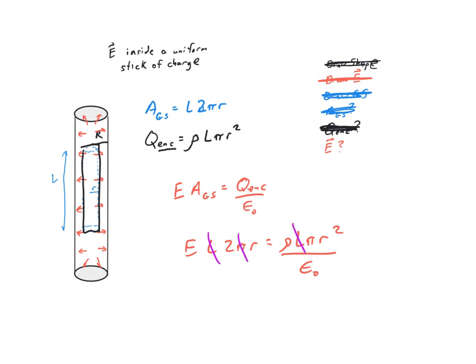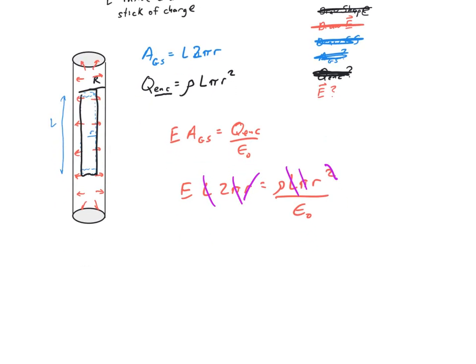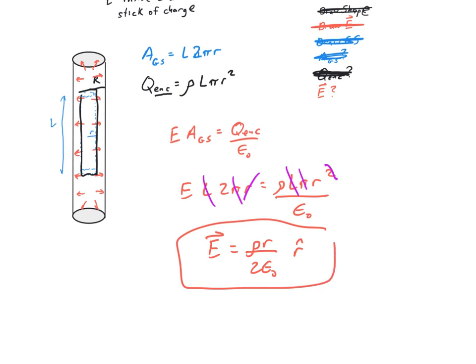Pi's cancel. One order of r cancels. And we're left with the electric field is equal to rho r over 2 epsilon naught. Outwards is the electric field inside of a rod of charge.